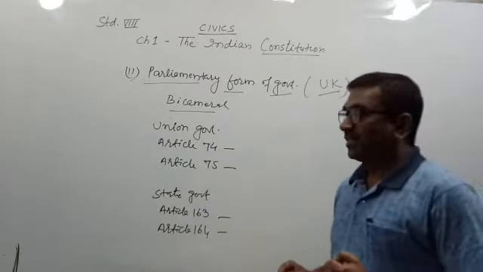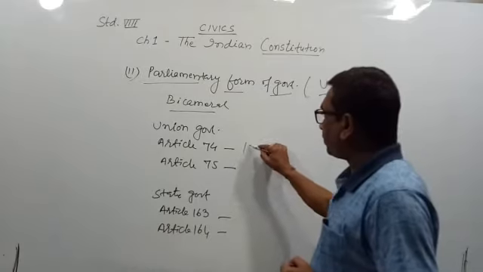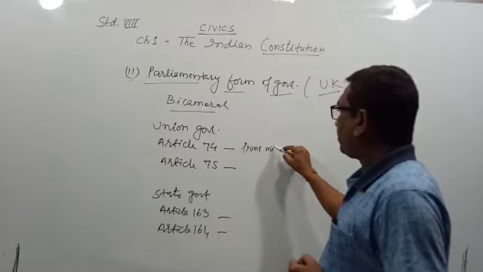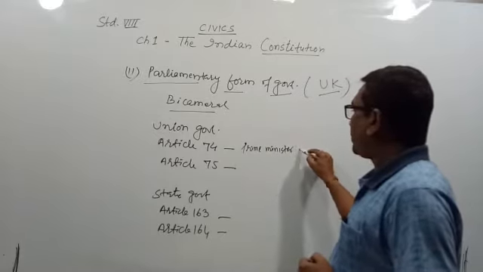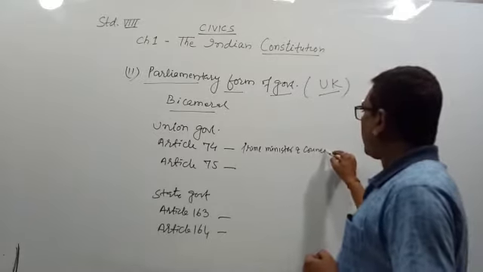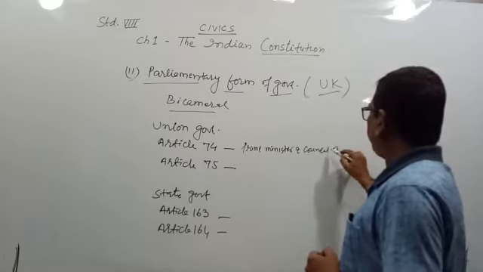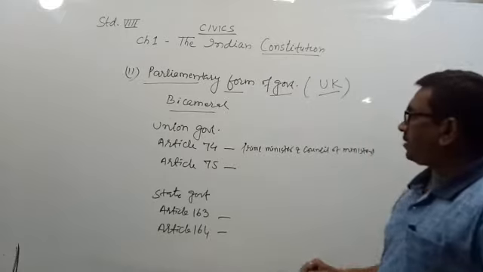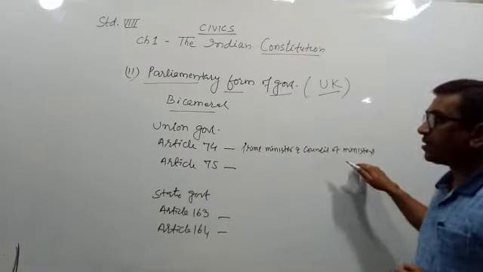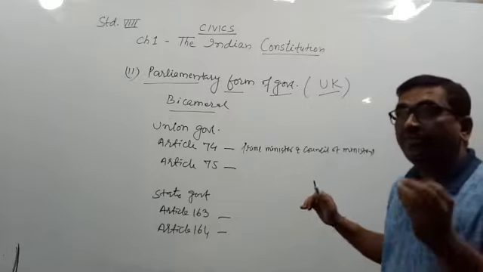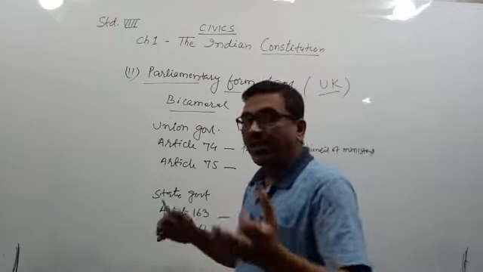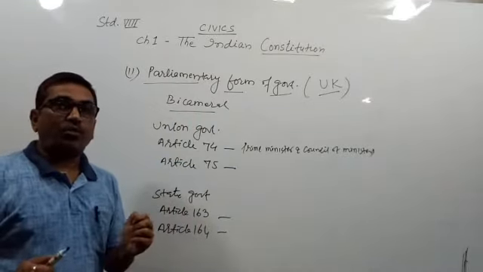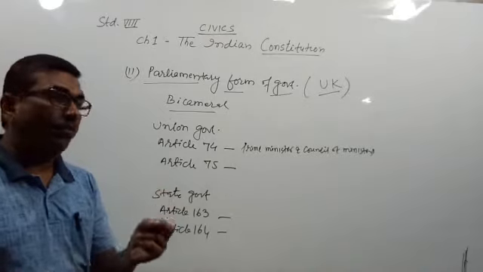What does Article 74 say? Article 74 says there will be a Prime Minister and Council of Ministers who would give advice and assist the President in their working, because all the work is done in the name of the President.